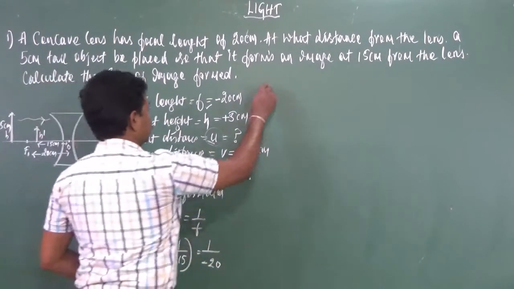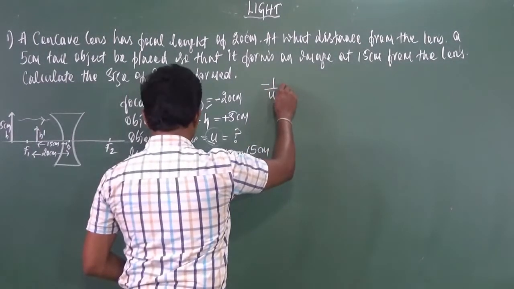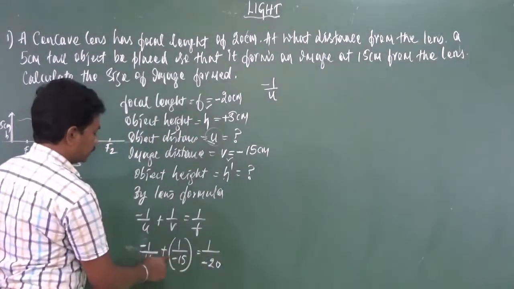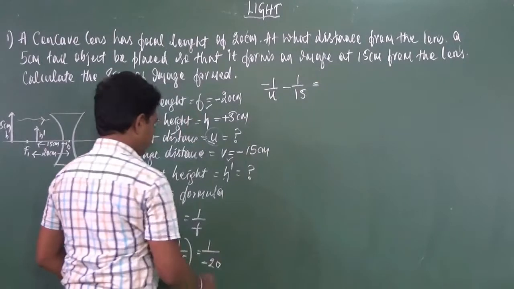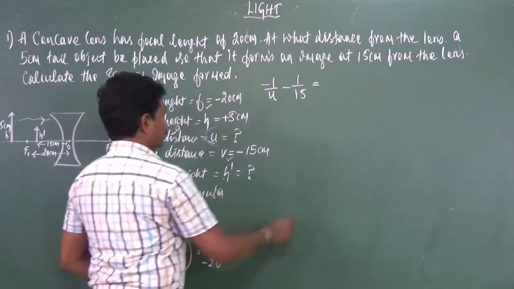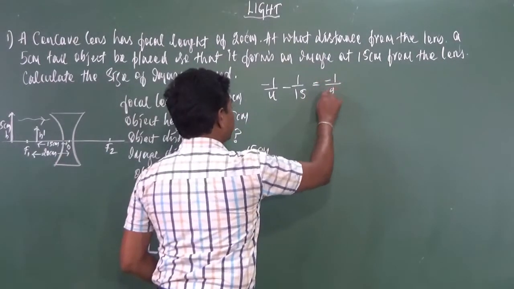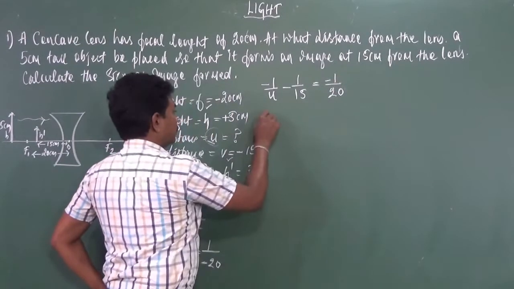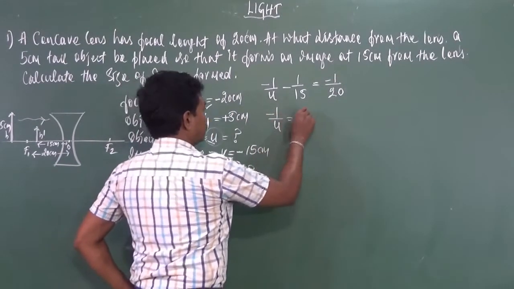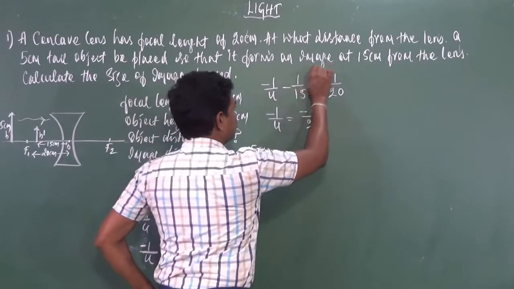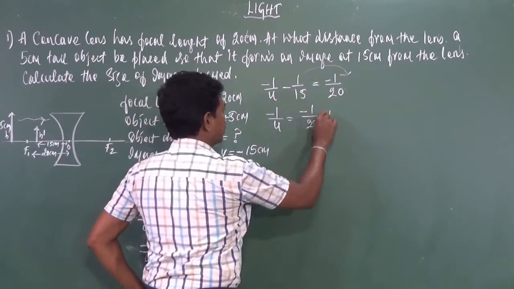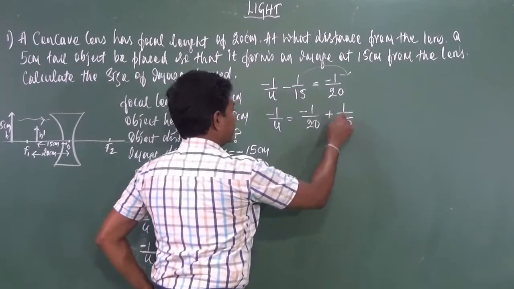Okay. So minus 1 by u, we'll multiply this plus into minus, it is minus 1 by 15 is equal to, this sign can be taken to the numerator, that is minus 1 by 20. So minus 1 by u is equal to minus 1 by 20 minus 1 by 15, let it get transposed to the RHS, so then it is going to become plus 1 by 15.